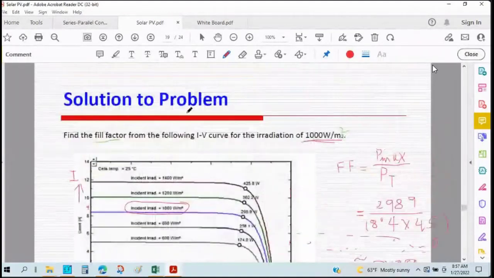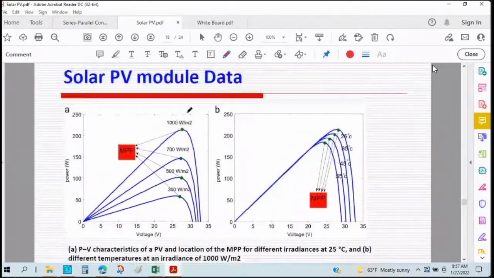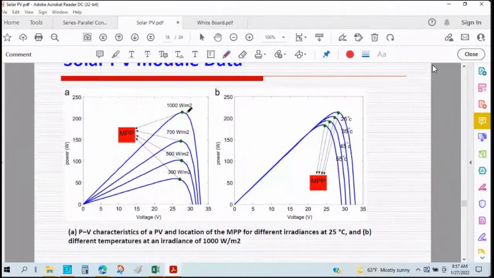Okay, anyway, we have seen from these curves that the maximum point depends on the weather condition. It's not fixed. Sir, is there any unit for fill factor?